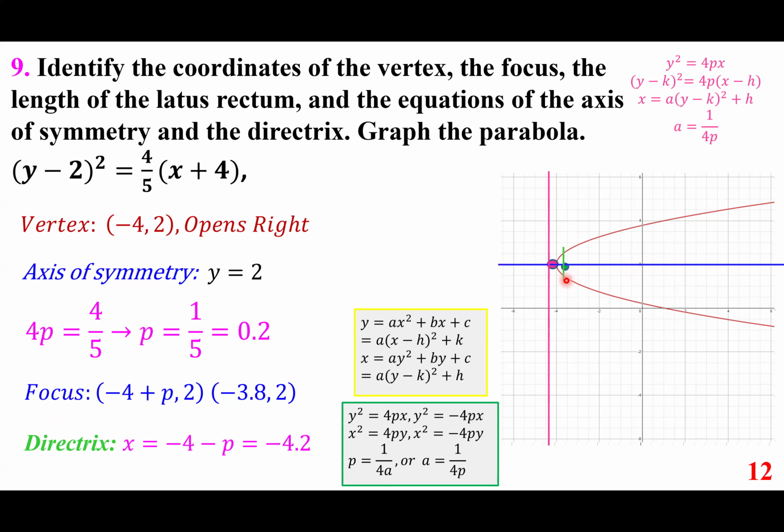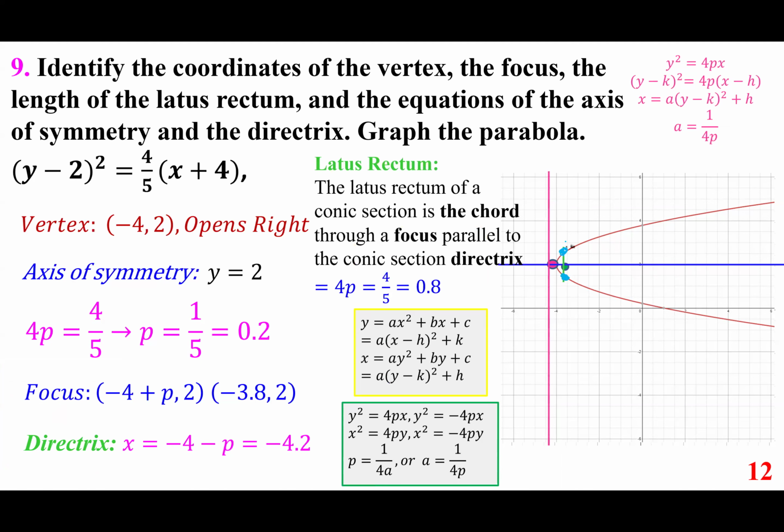This is the latus rectum, and it's 4 times p. They're asking for the length of the latus rectum. The latus rectum of a conic section is the chord through the focus parallel to the directrix, 4 times p. Or simply it's given here, this value, or 4 times 0.2, 0.8. So that's very straightforward.